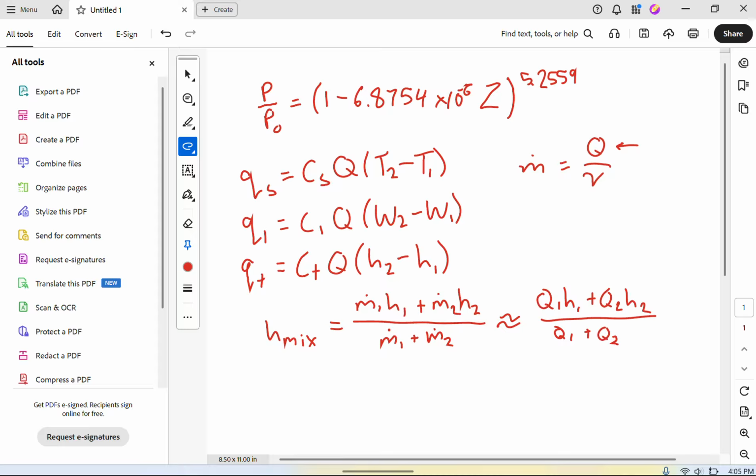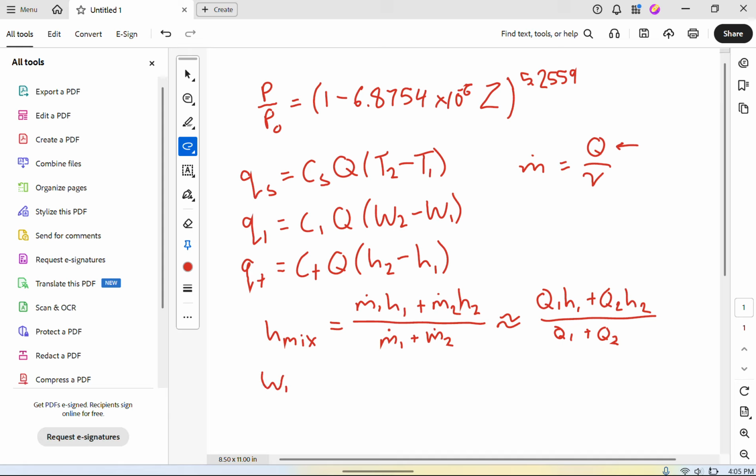Again, there's no altitude adjustment for this equation. It just is what it is. So that's just a weighted average by mass of your enthalpy between your two airstreams, which is approximately the same as a weighted average between the volumetric airflows of your two airstreams.